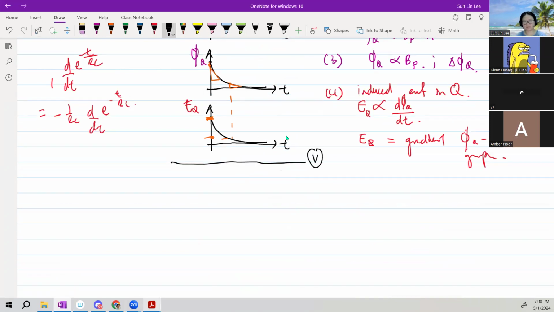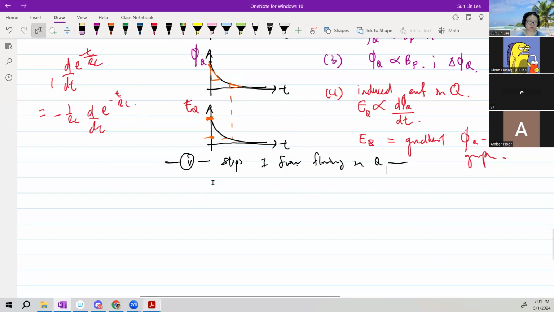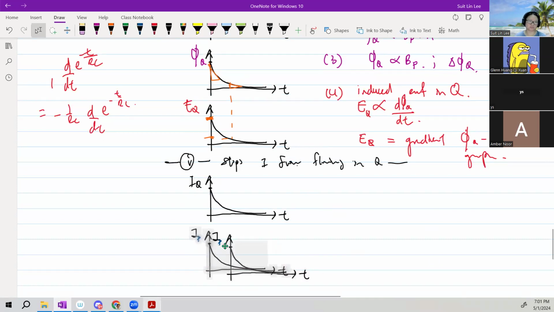Because the voltmeter connected to Q stops current from flowing. So the voltmeter stops current from flowing in Q. But if current is allowed to flow in Q, then we would have the current in Q having the same shape and the magnetic field in Q also having the same shape.